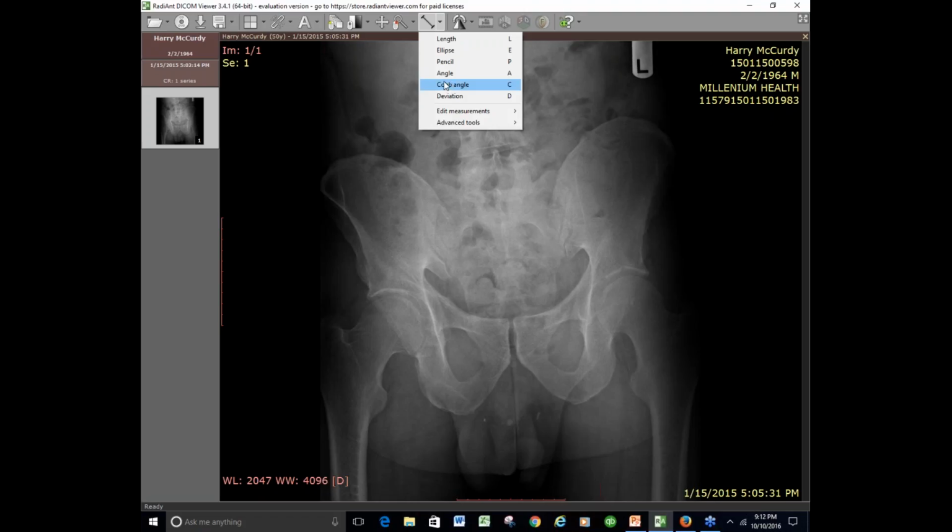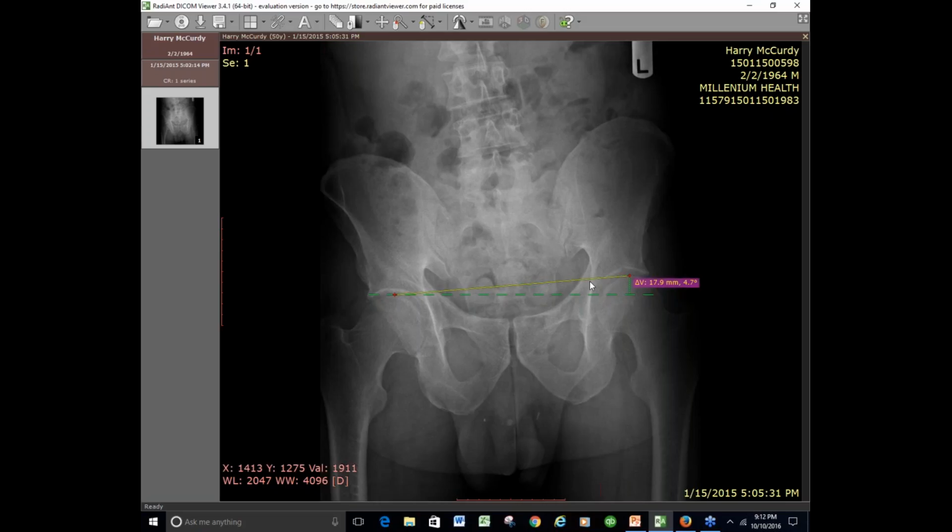By the way, the Cobb angle is great for scoliosis stuff. But this tool right here is called a deviation tool. Let's say we're looking at a leg length and I want to click on the top of this leg and drag it over and put it right there at the top of the other leg. It's a little off. There it is. It's a little closer.